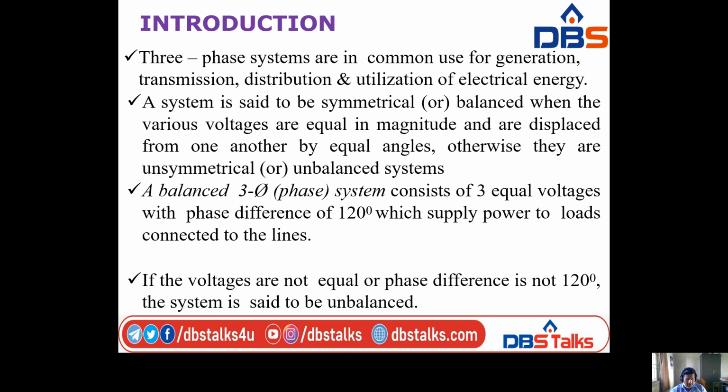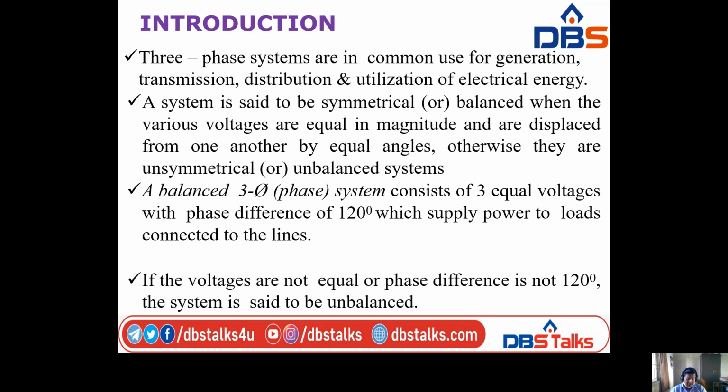If it is a two-phase system, there are two equal voltages separated by 90 degrees, 90 degrees, 180 degrees. For a three-phase system, the angle is 2 pi by 3, that is equal to 120 degrees, 120 degrees.